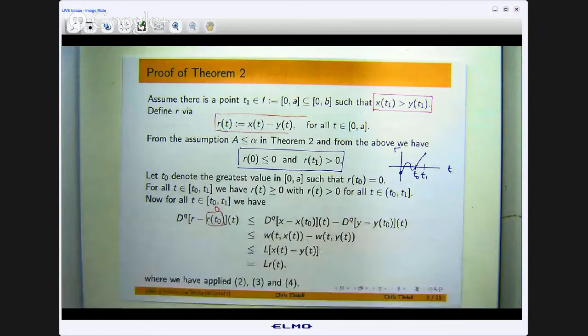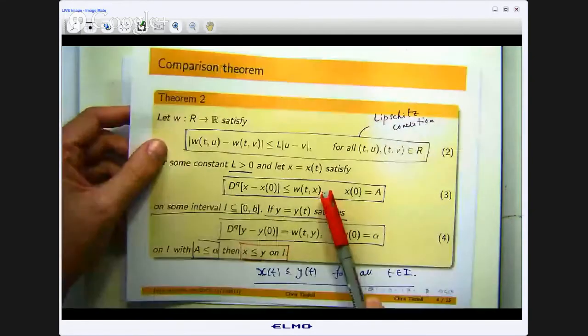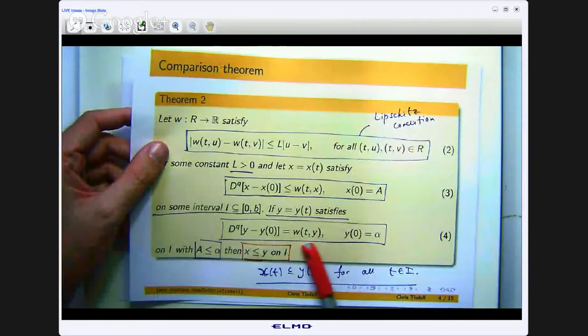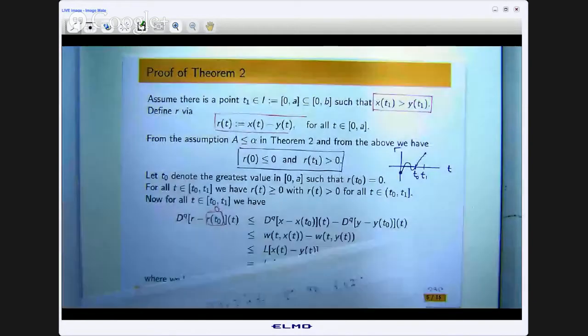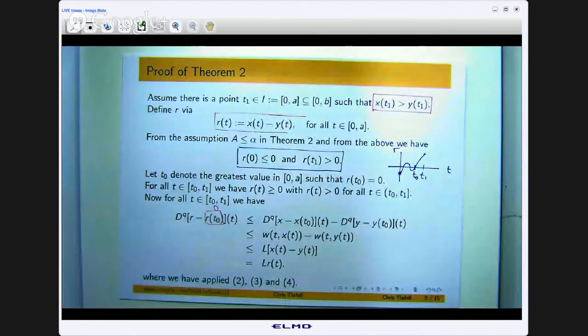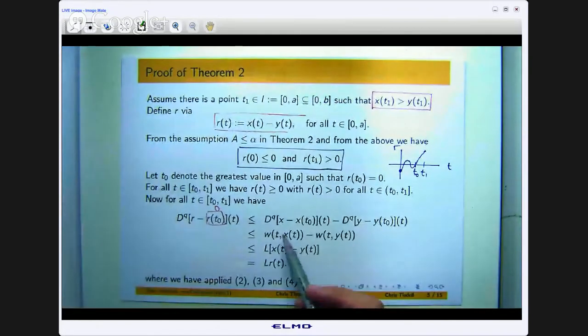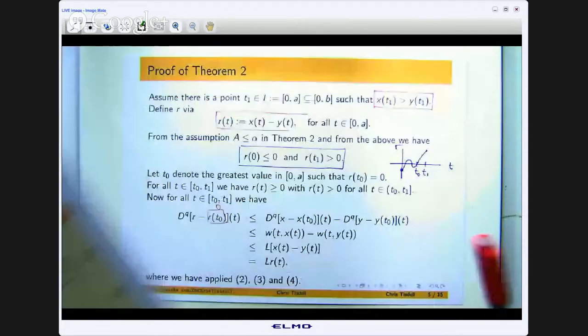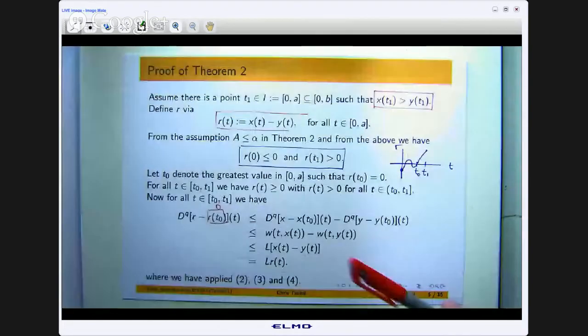Now, if you then plug in this condition and this condition, condition 3 and condition 4, you can form this inequality to go from here to here. And because we've assumed a Lipschitz condition too, you can go from here to here.